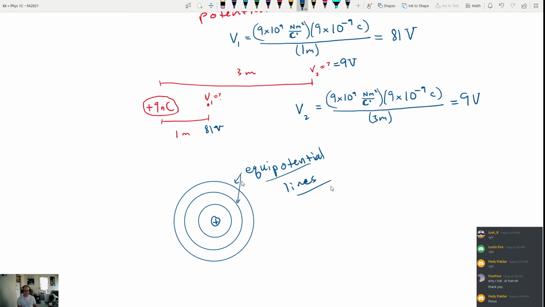Circles, because those are the places where R is a constant, and again, the potential is KQ divided by R. Does that make sense?